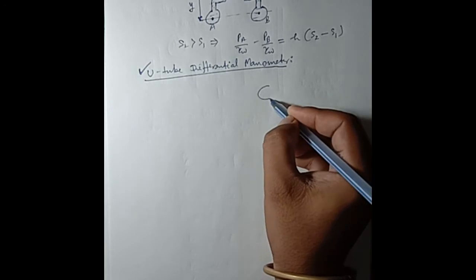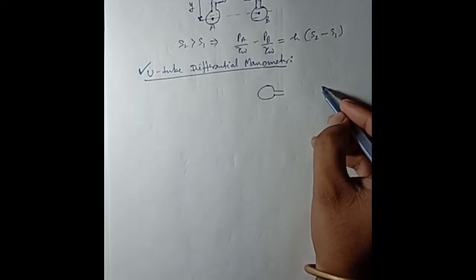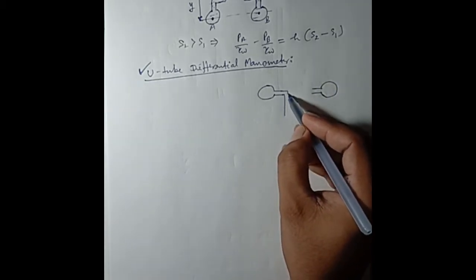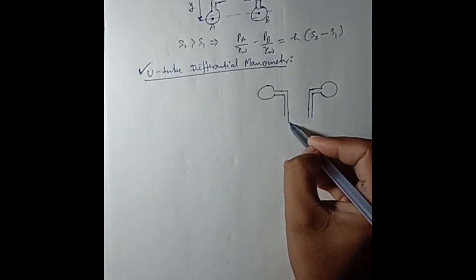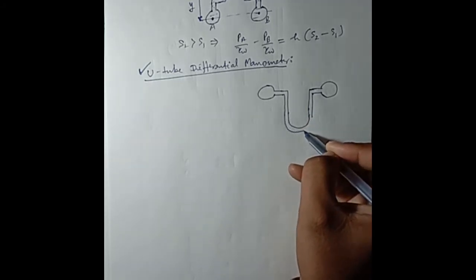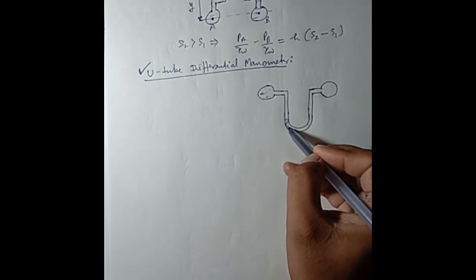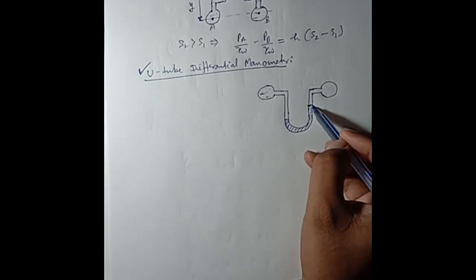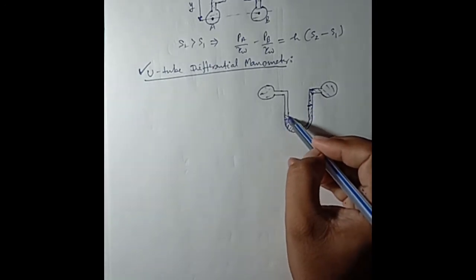Here we take a limb A, and here we take a limb B, which is interconnected with the U-tube manometer, like that. Here the specific gravity of the fluid is taken as S2 and this is the S1.